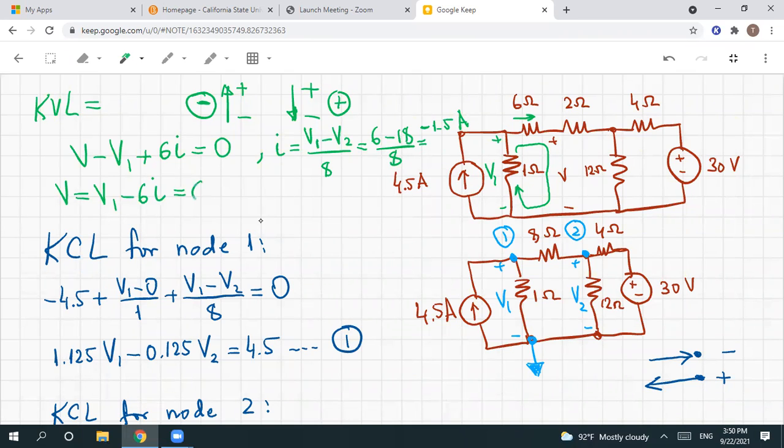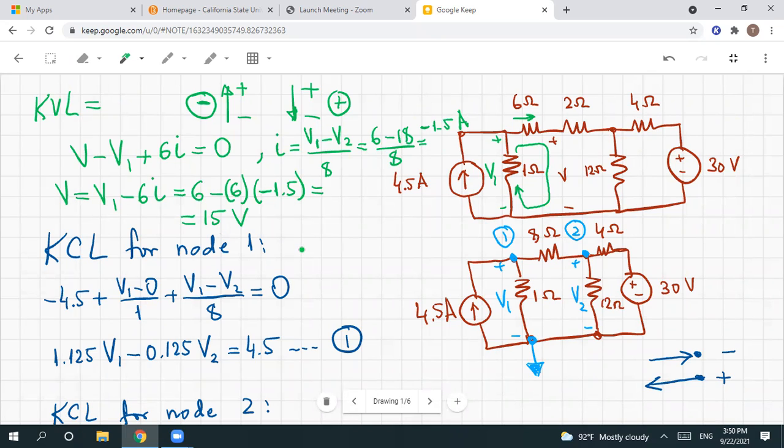V1 is 6 volts, minus 6, the resistance value, times I, which is negative 1.5. If you do the math, 6 times 1.5 is 9, negative 9, and negative of negative is positive. So 6 plus 9 is 15 volts. This is actually the final answer.